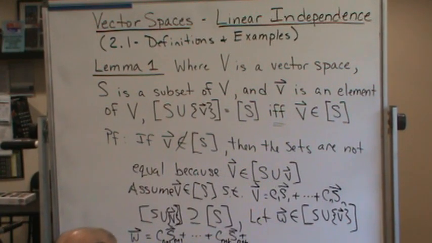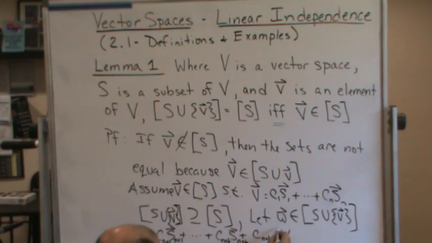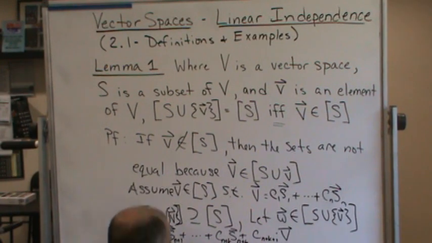And then what we'll do is c sub n plus k plus 1 times the vector v. Yeah, that'll work.